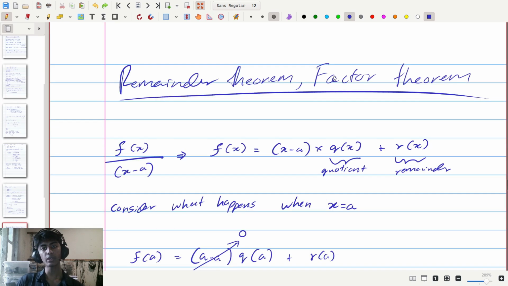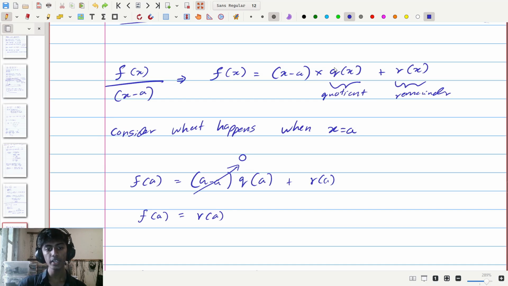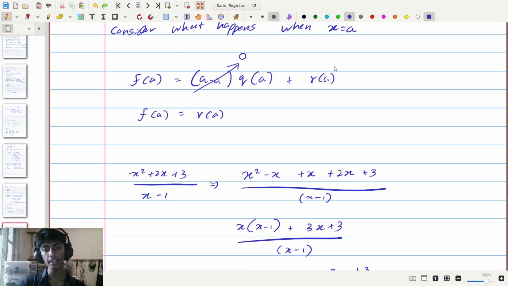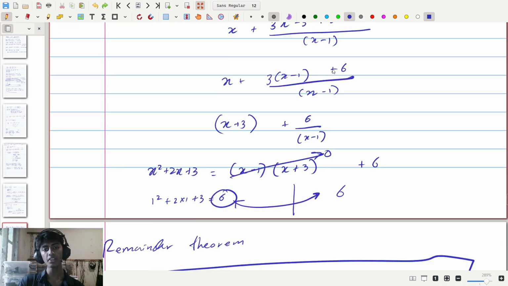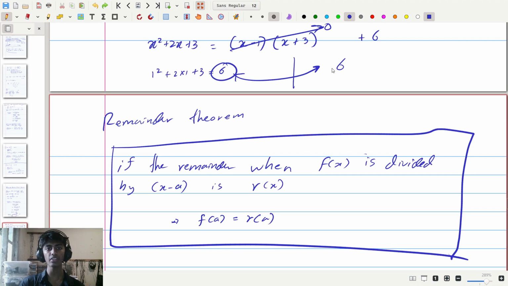And then finally we talked about the remainder theorem and the factor theorem: if we divide f(x) by x minus a, and we consider what happens when x is equal to a, we can say that f(a) is r(a). As a special case of this, we consider what happens when the remainder is 0. The remainder being 0 is analogous to the function we're dividing by being a factor of the top function.